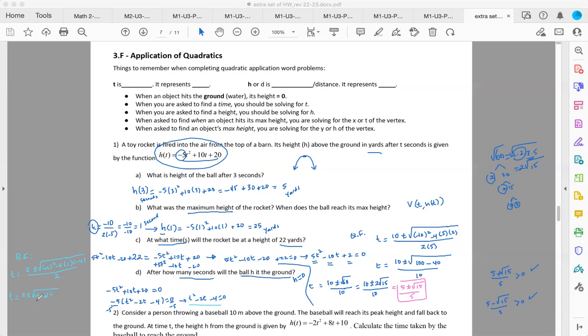Right? All over what? All over 2. So I'm getting 2 plus or minus the square root of 20 over 2. Now, square root of 20 is 4 times 5. And the square root of 4 is 2, so it's 2 root 5.